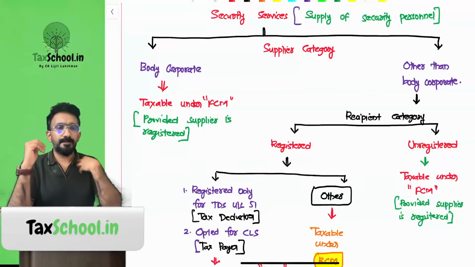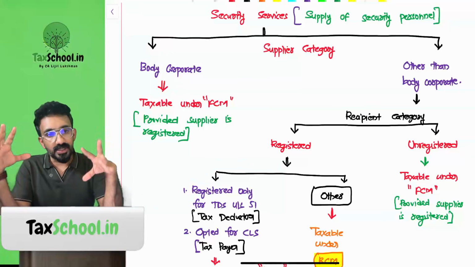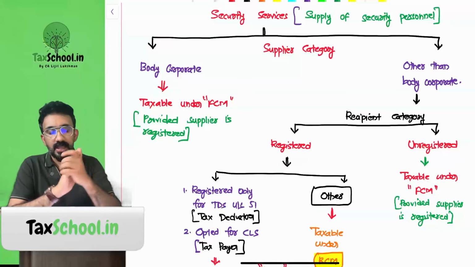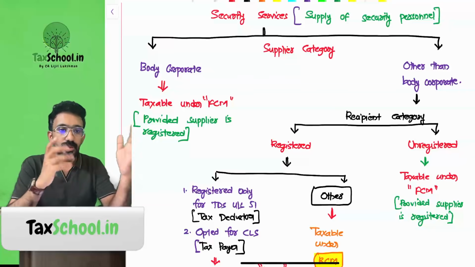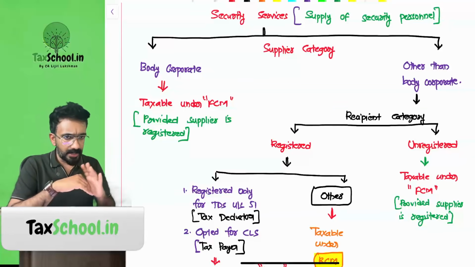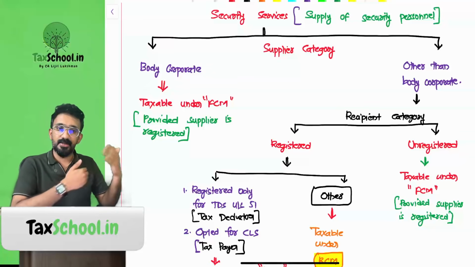Suppose Mr. Raju, for his house, he's an unregistered person. He has taken security persons from a partnership firm. An agency which is a partnership firm has given security persons to Mr. Raju. Now, is it security service? Yes. Is the supplier a body corporate? No, it's other than body corporate. Is the recipient registered? No, unregistered. It will be taxable under FCM.